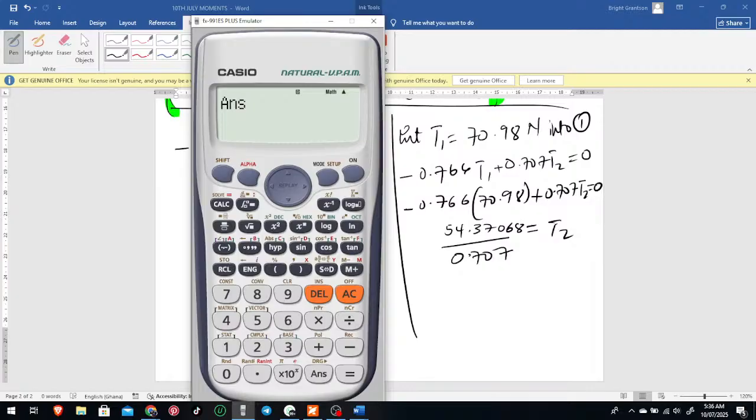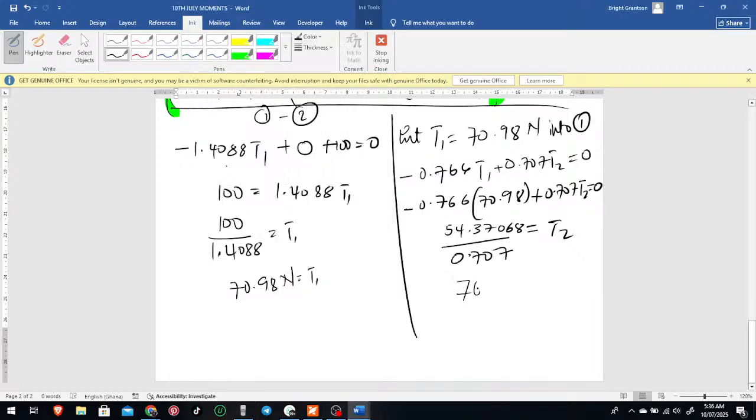So answer over 0.707. 76.033. Are we getting negative? And then I'm punching it here. You got 76.911 Newton equals T2.